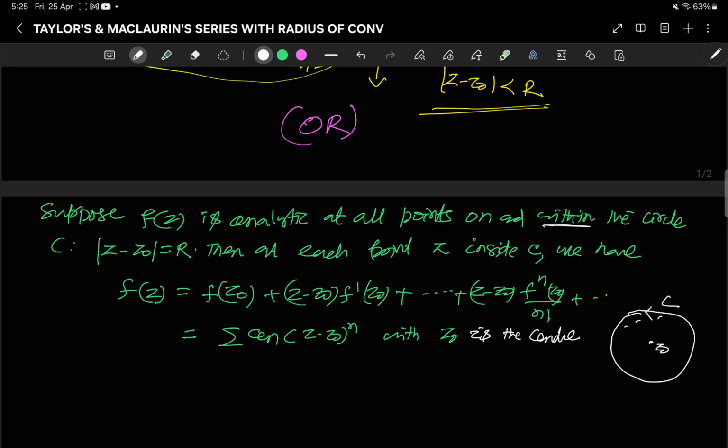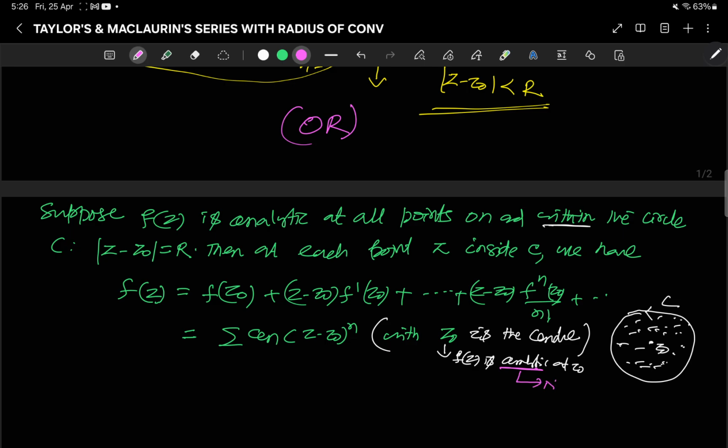my z0. It is analytic everywhere, with z0 at the center. So z0 is a point of analyticity. Now, f(z) is analytic at z0, right? If it is not analytic at z0, not analytic will lead you towards the Laurent series.